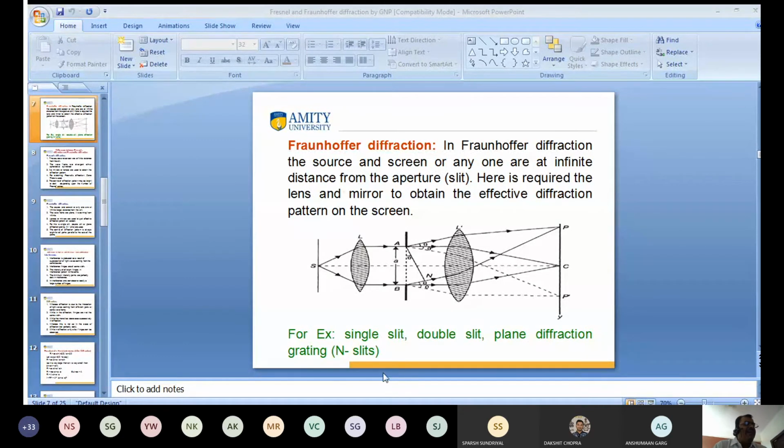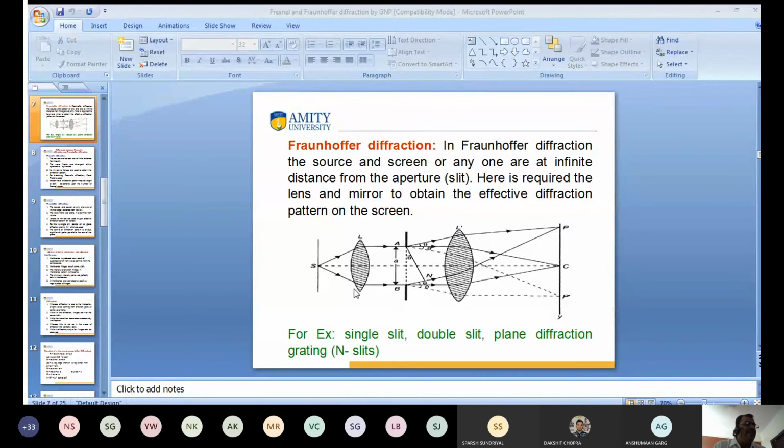When we use a single slit, we get the diffraction pattern, and this pattern is known as Fraunhofer diffraction. Again, we can use a double slit, and with the help of a double slit we also get the diffraction pattern, which is known as Fraunhofer diffraction. And this is very important: the plane transmission grating. This is also Fraunhofer diffraction with N slits.